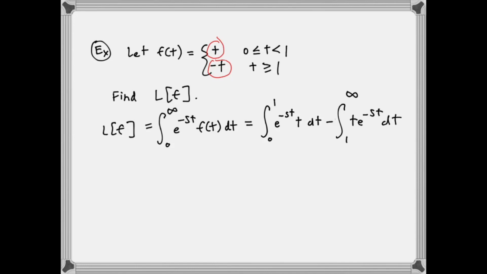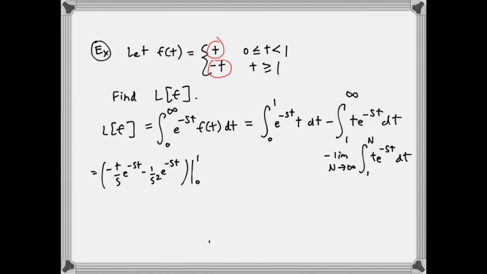Remember, this guy right here is the limit as capital N goes to infinity of the integral from 1 to n of t e to the negative st dt. We have already done this antiderivative on the last page. So this is just going to be negative t over s e to the negative st minus 1 over s squared e to the negative st. And so it's the same antiderivative for both.